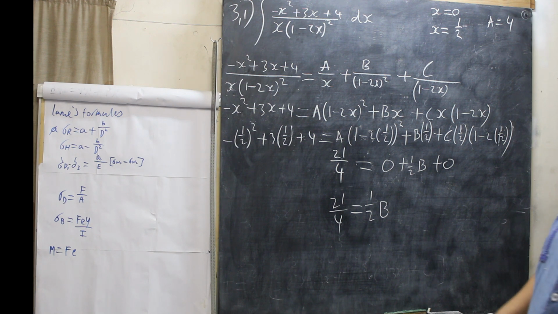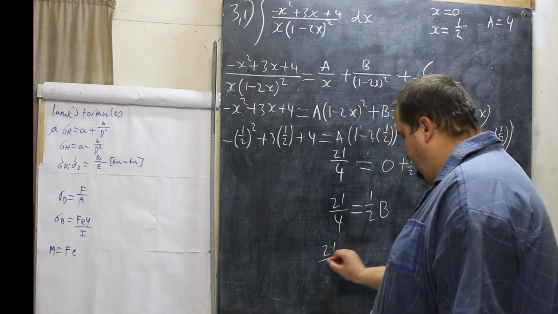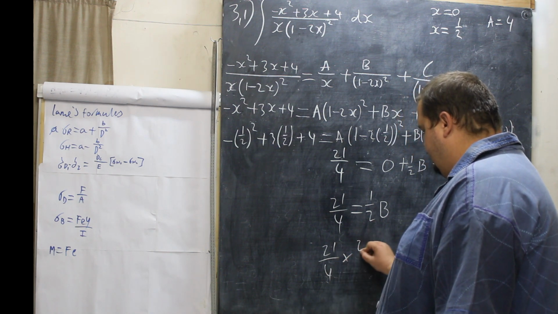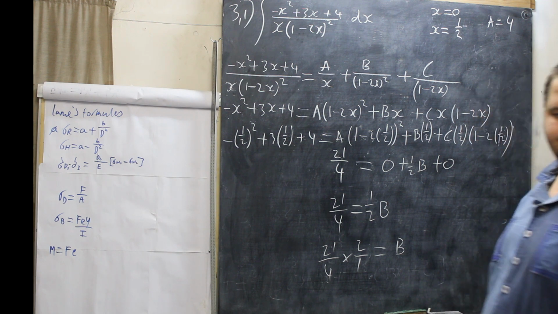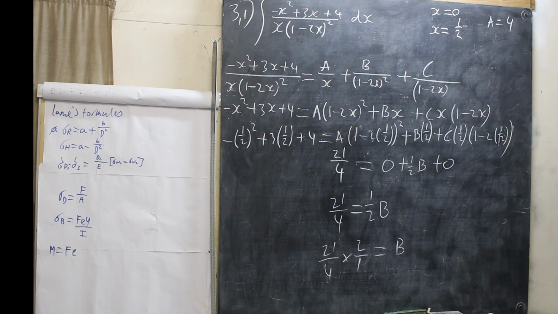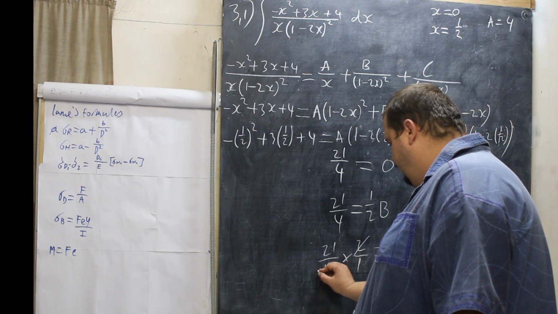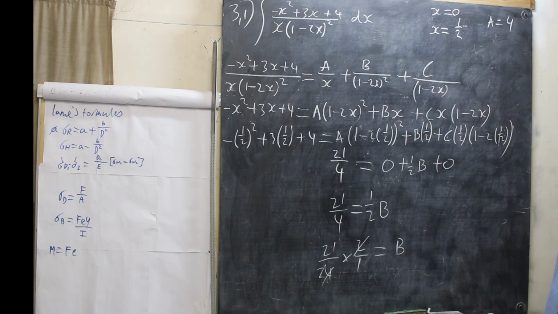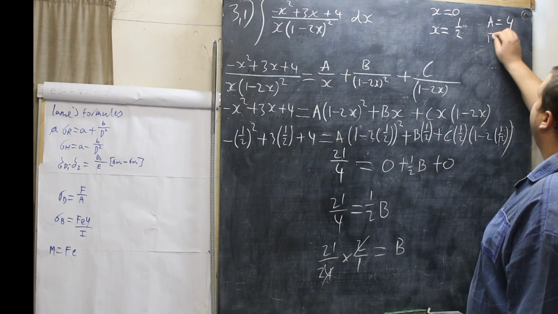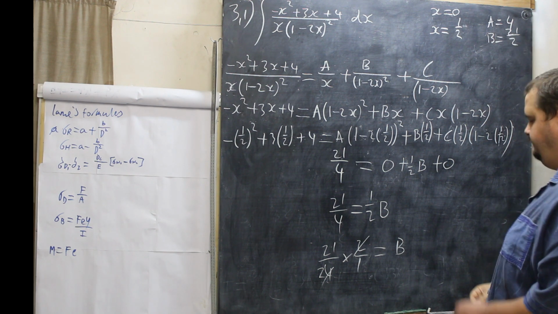So what we're going to do now is take this 21 over 4 times 2 over 1 equals b. So 2 cancels with a 4 and we get 2. 21 over 2. So b equals 21 over 2.